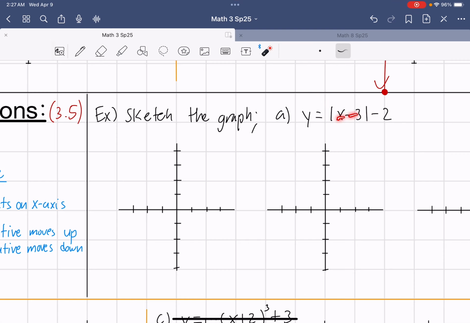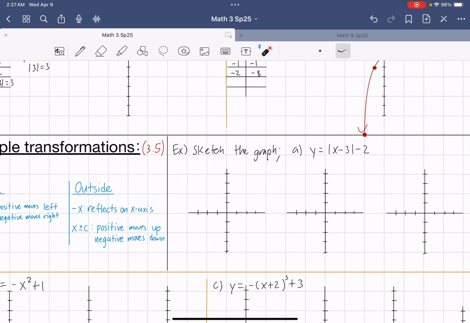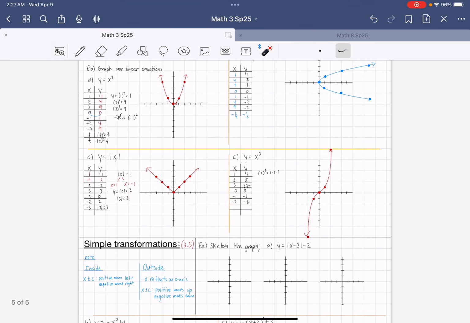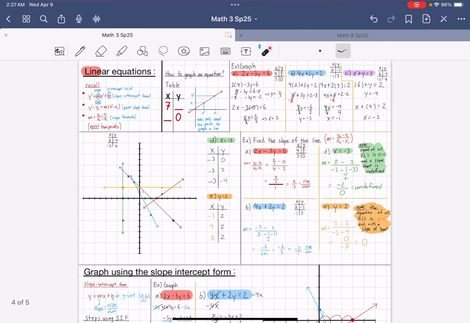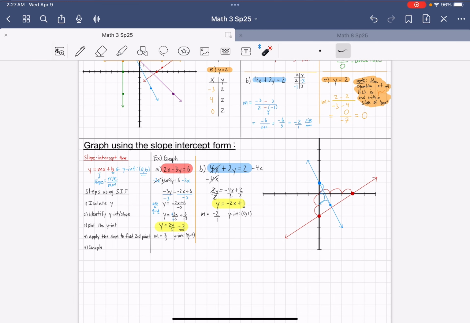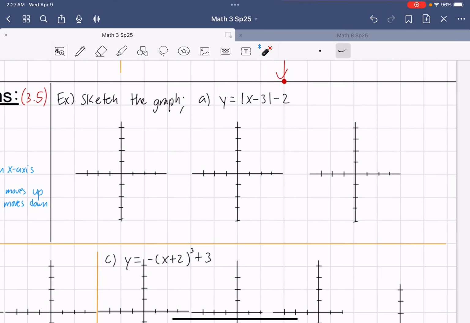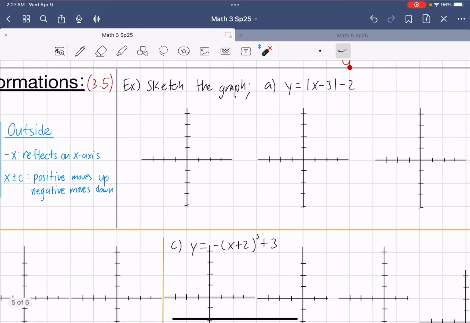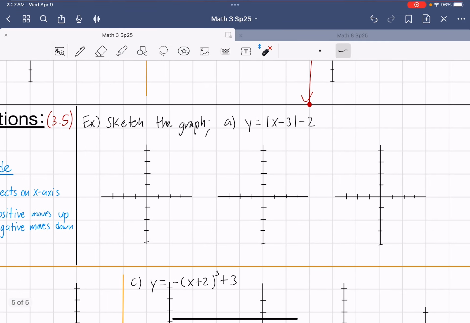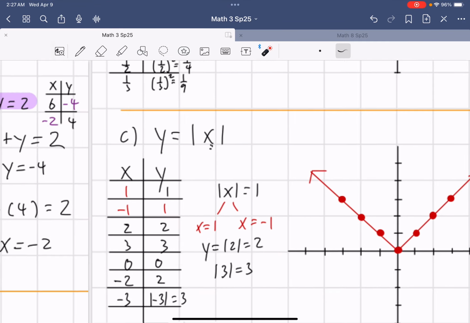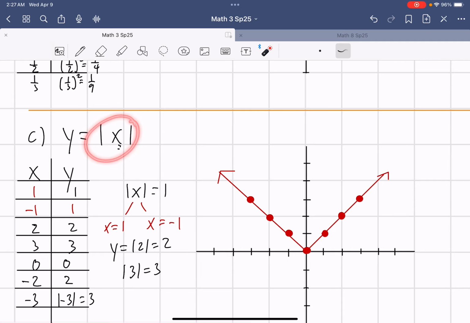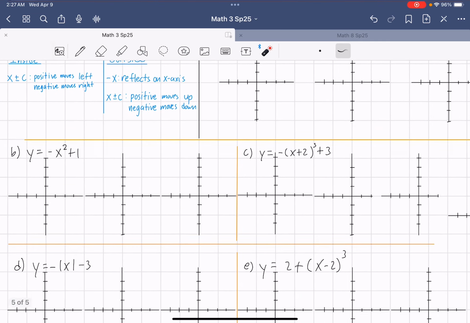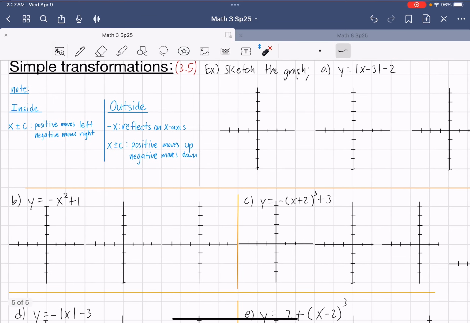Sure, there's other things going on, it might change it later, but it's still we want to make sure we know what graph it's going to be, and looking at this, the absolute value makes a V. So I'm not going to sketch it right away, but I do know roughly what it should look like.